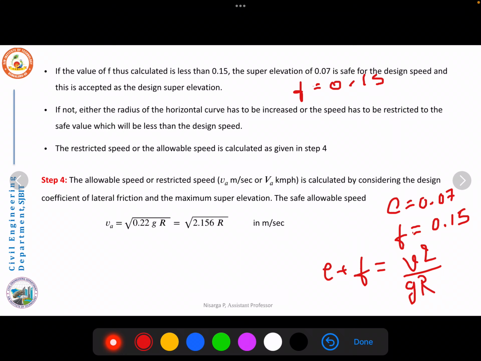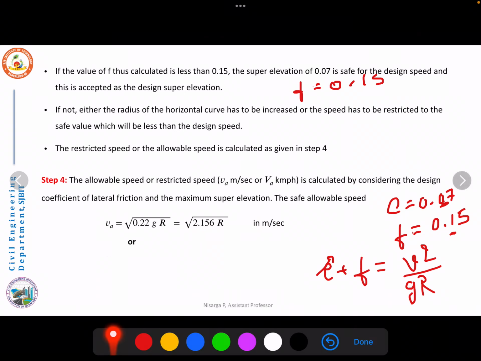From this equation, substituting e as 0.07 and f as 0.15, we will get Va equal to square root of 0.22 gR. By substituting g as 9.81, we can further reduce the restricted speed to square root of 2.156 R. Here the speed value will be in terms of meters per second.